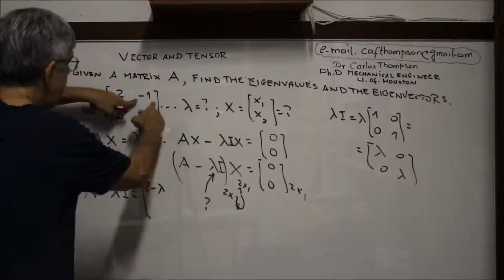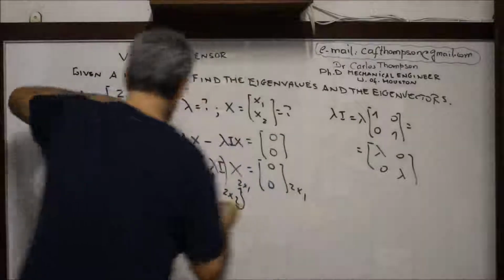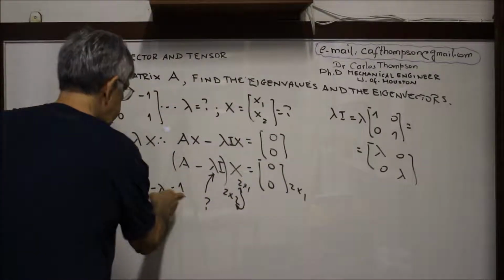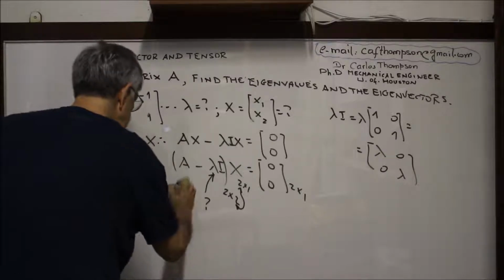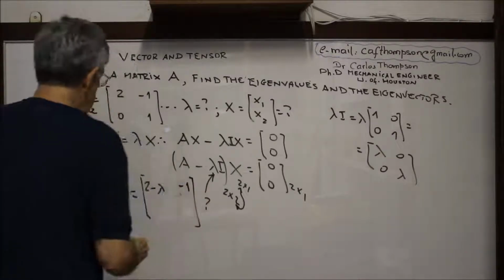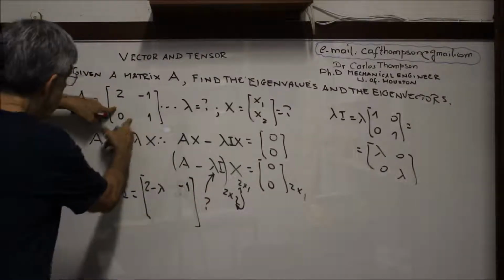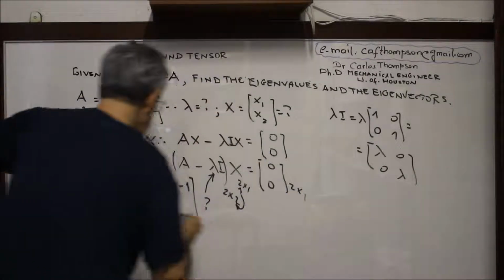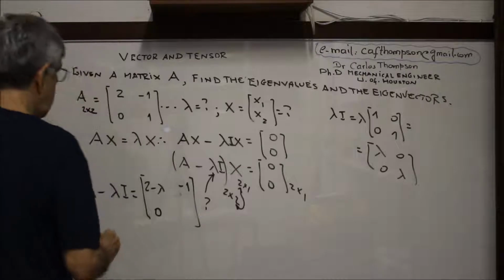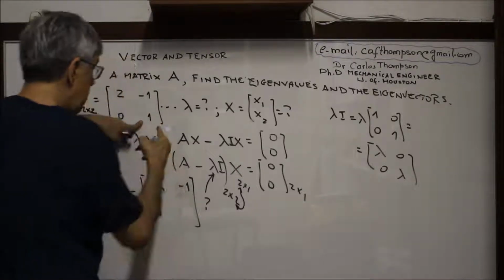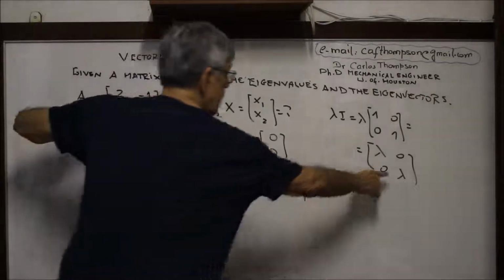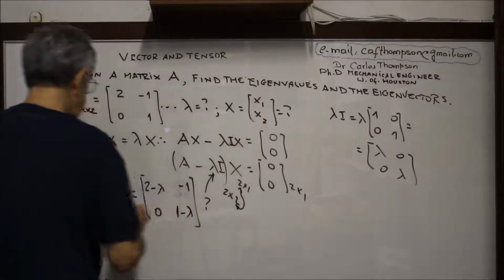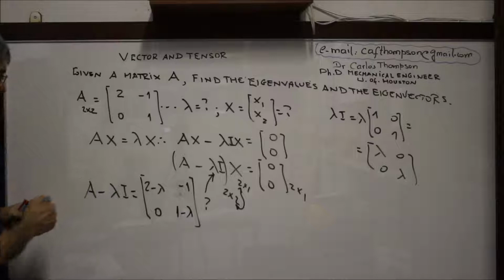So this minus 1 minus 0, so this is minus 1. Let's put over here. Now, 0 minus lambda I, 0 minus 0, so this is 0. And 1 minus lambda. See, this is A minus lambda I.